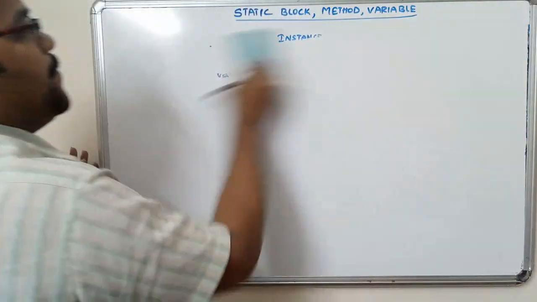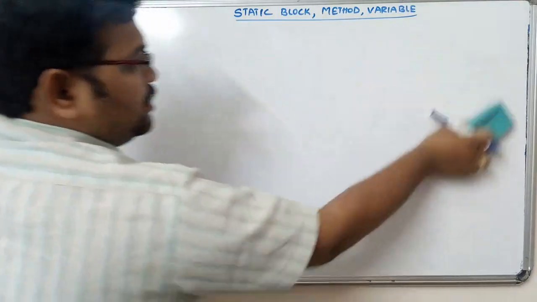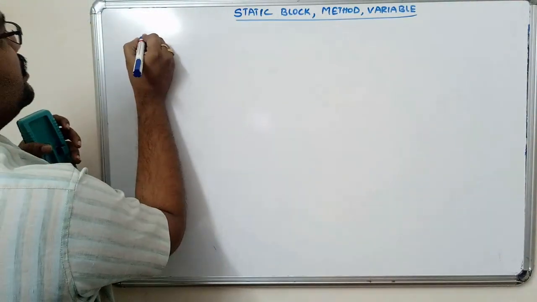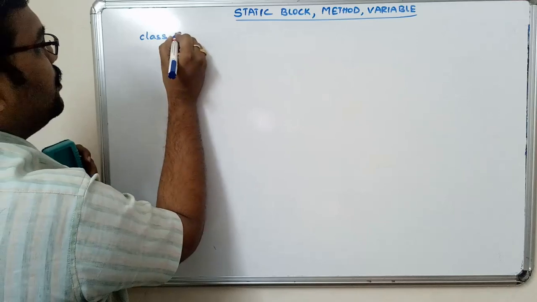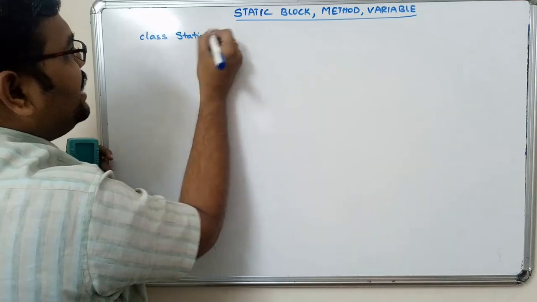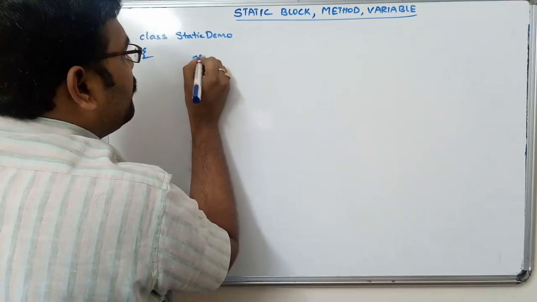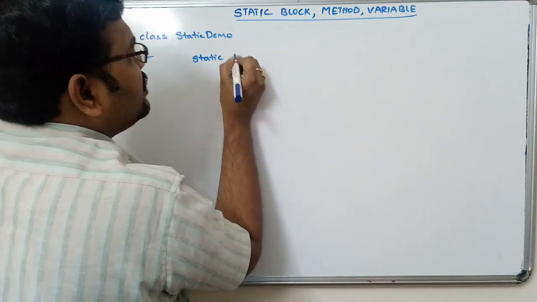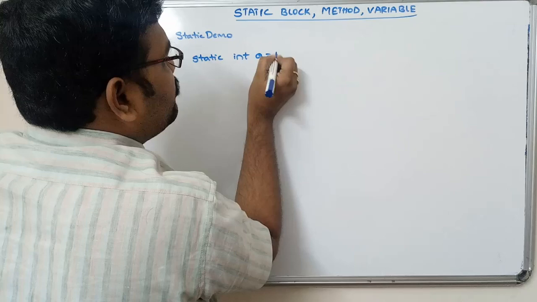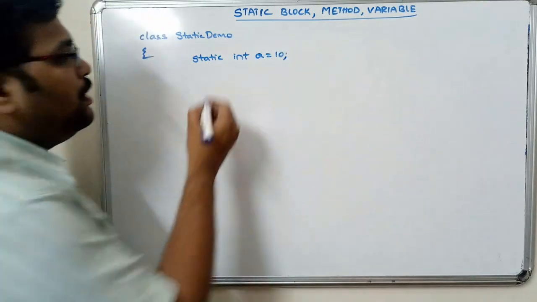I am writing a class, static demo. Here I am declaring static int a = 10. It's a static variable.